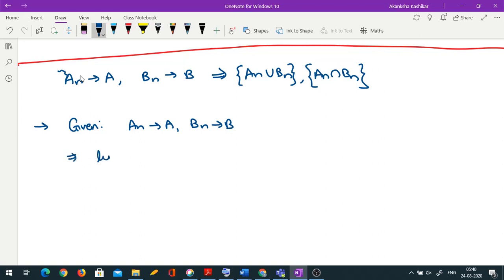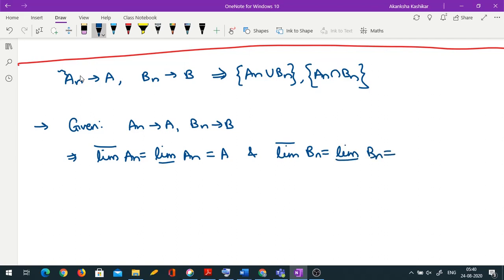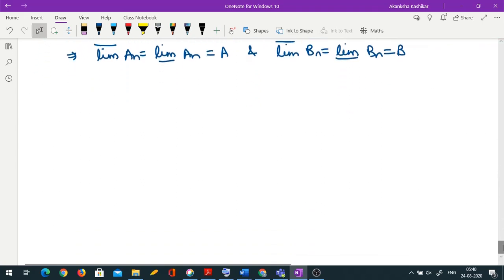What does it mean? It means that lim sup an is equal to lim inf an is equal to a, and lim sup bn is equal to lim inf bn is equal to b. Okay, so let us first try for an union bn.